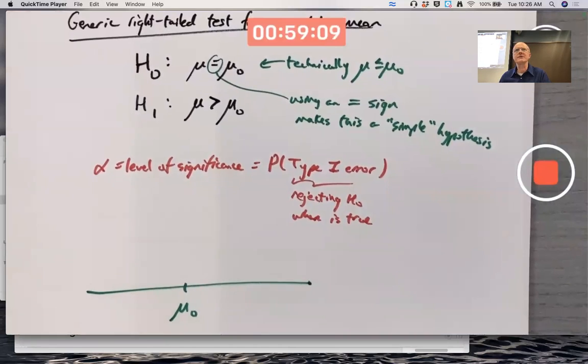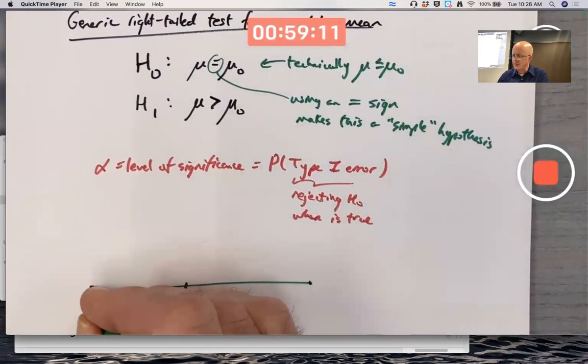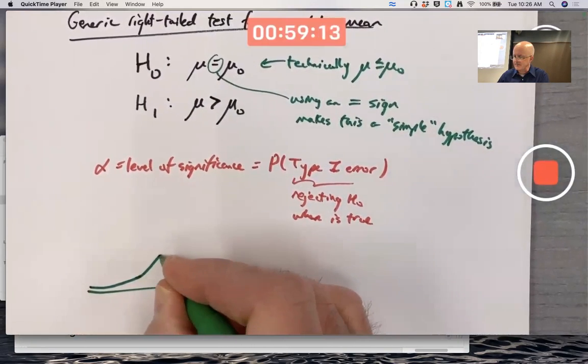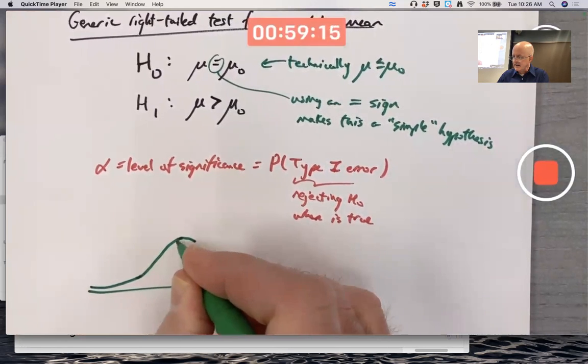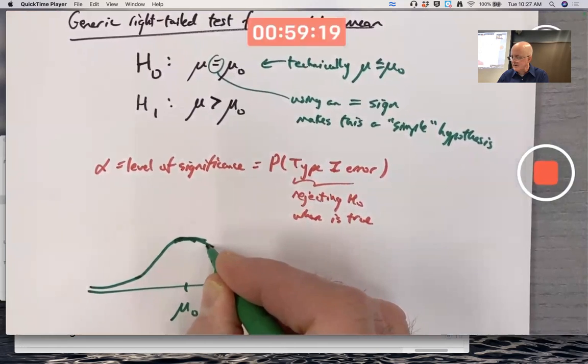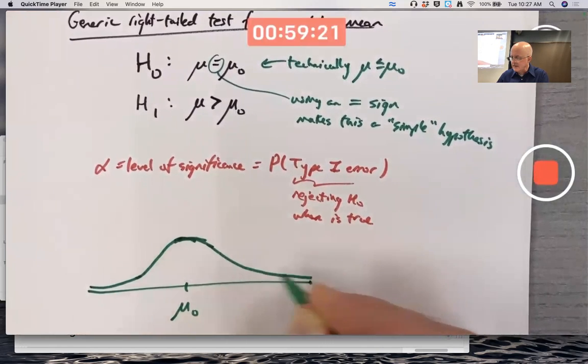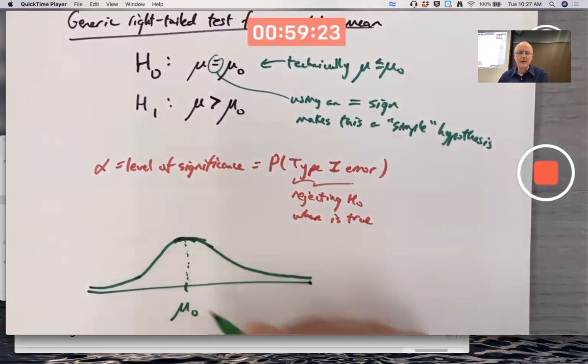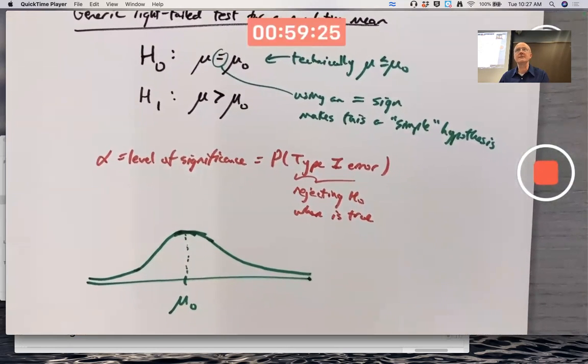So I want to draw a normal distribution here. And what is this normal distribution supposed to represent? It's centered at mu0. It's supposed to represent the distribution of X bar.